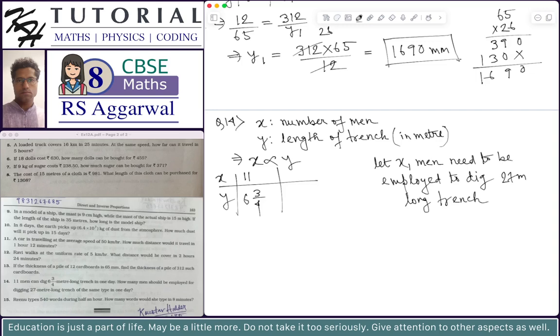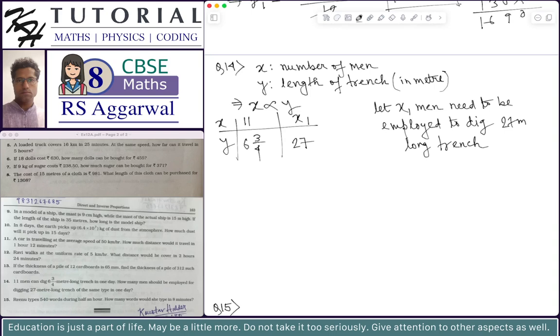So we can add the new data X1 and 27. Now it is better that you first convert the mixed fraction 6 and 3 by 4 into an improper fraction. So this is actually 27 by 4.